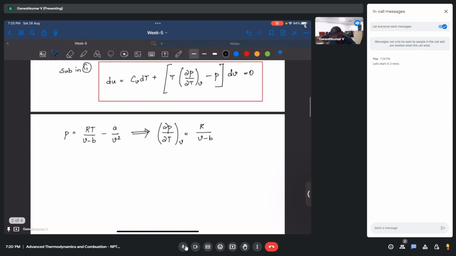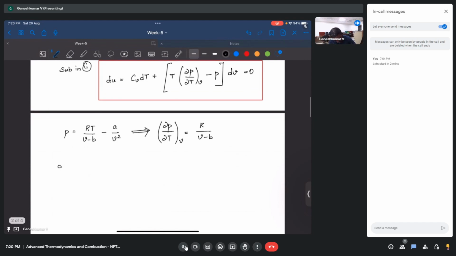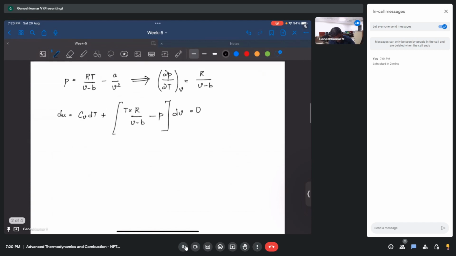Okay, let's substitute it there. So we can write dU equal to Cv dT plus T times R by V minus B minus P times dV is equal to 0. Let's substitute P also over here. What happens?